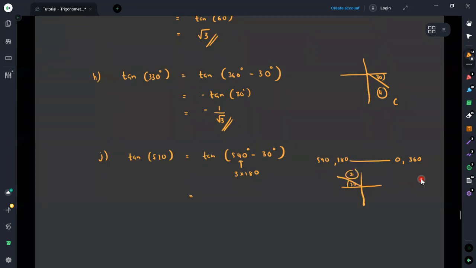Since it is in the second quadrant, we know that tangent has a negative value, so we can take this as tangent 30. Previously we found that the value of tangent 30 is 1 over root 3, but the minus sign is here, so the value of tangent 510 degrees is minus 1 over root 3.